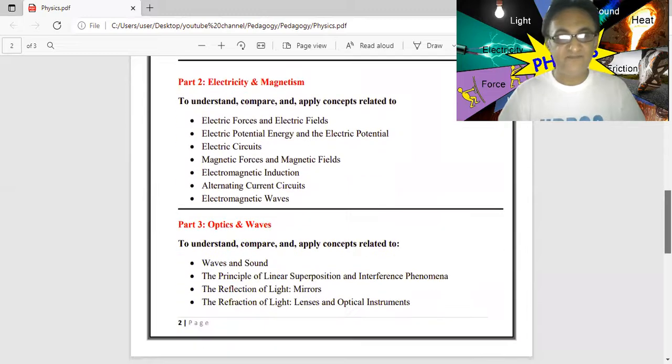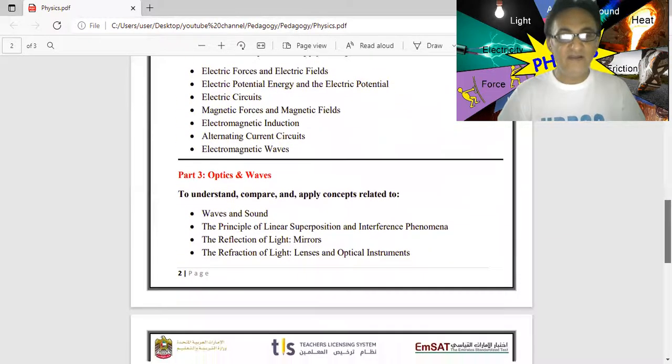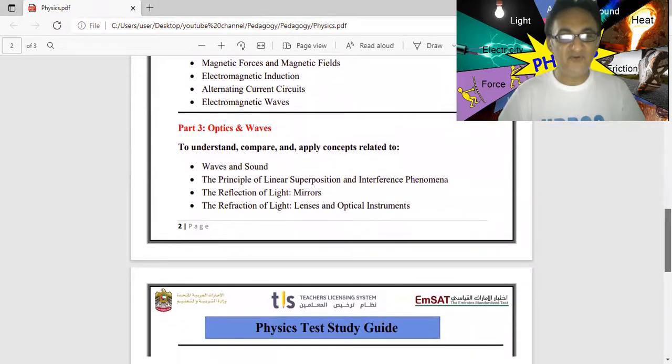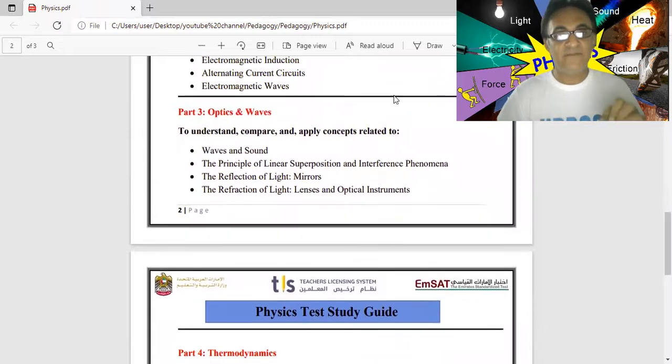Let's move to part 3. Now part 3 consists of 4 topics. Yeah, waves and sound, the principle of linear superposition and interference phenomena, the reflection of light mirrors, the refraction of light lenses and optical instruments.